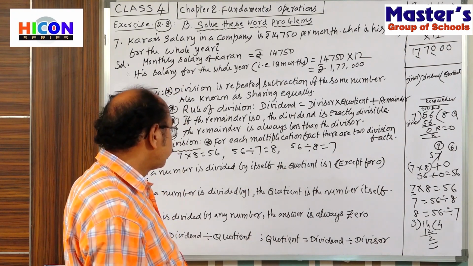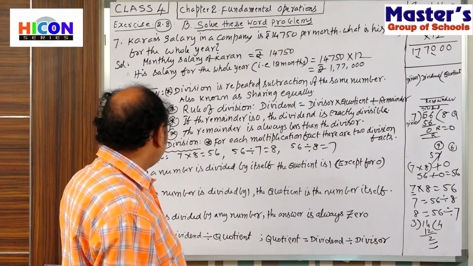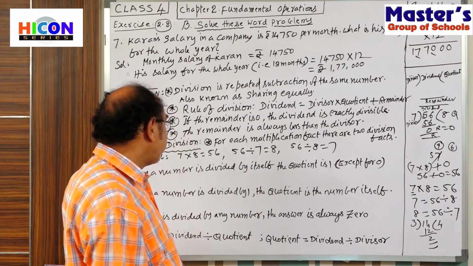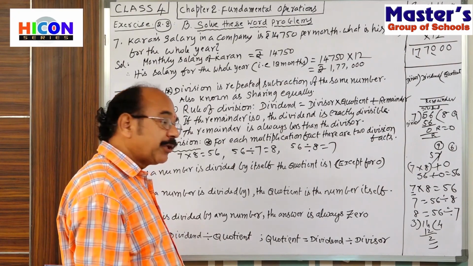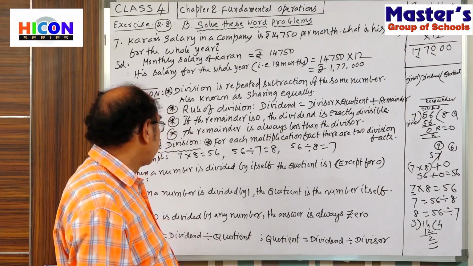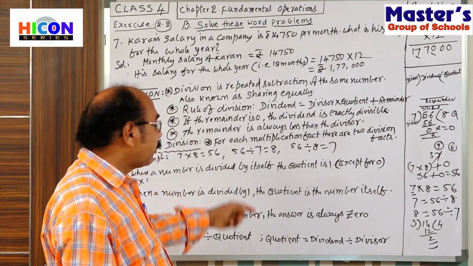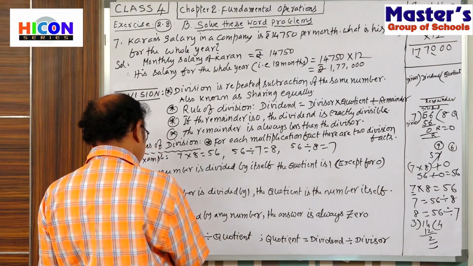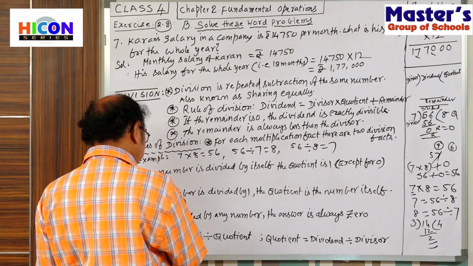Next one, see. When a number is divided by itself, the quotient is 1 except for the number 0. Take one number. Suppose 12.